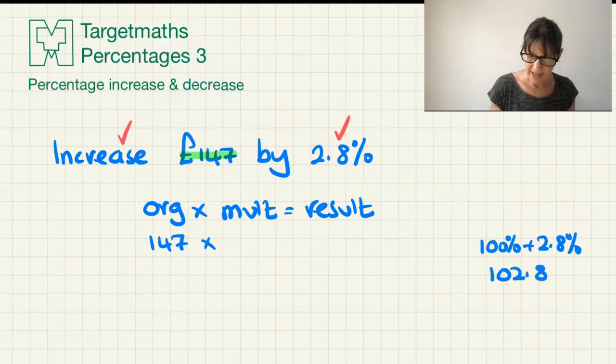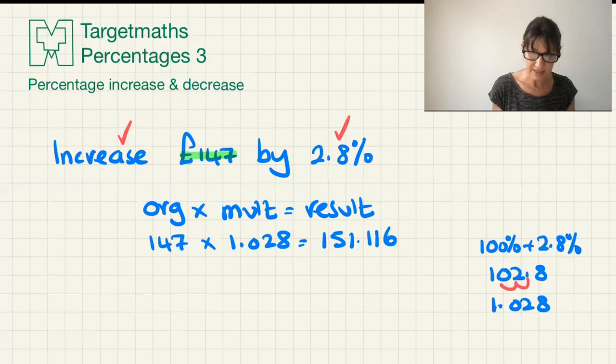102.8. And then I'm starting to take shortcuts and not write out the fraction. I don't necessarily need that. 1.028 is what I multiply by. I put that into my calculator and I get 151.16.